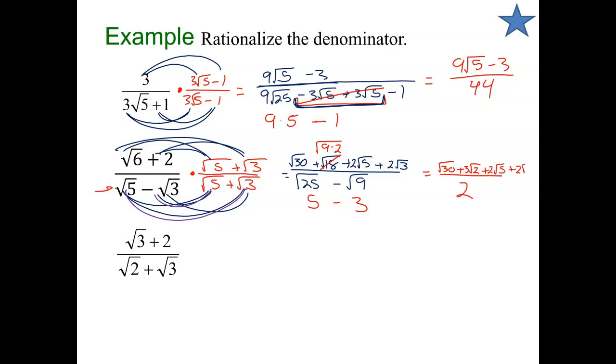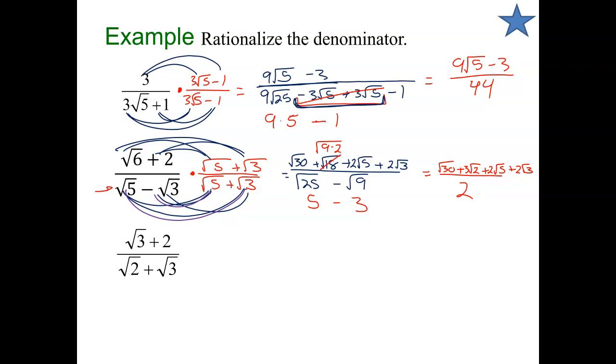And 2 root 3. Can I add any of those in the numerator? Are the radicands the same on those? They have to have the same radicand. Oh, no. None of those have the same radicand. So that's it. Numerator got pretty ugly, but at least we rationalized it.